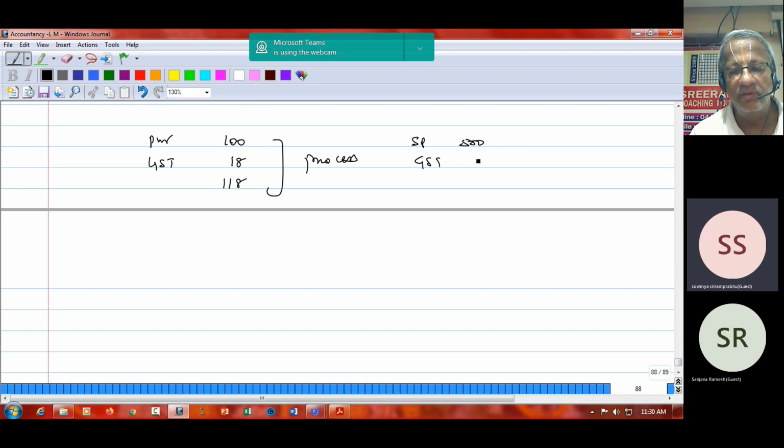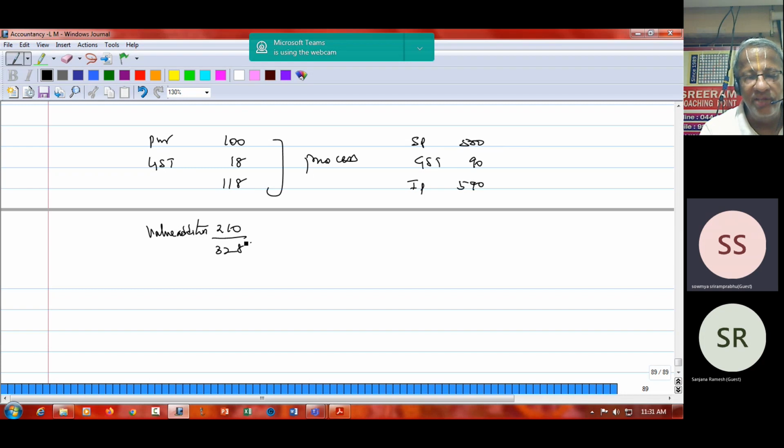GST on this at 18% is 90, so the invoice price is 590. In between I have incurred cost, a value addition of 210 rupees. So 328 is my total input cost, whereas I have to take up 590.